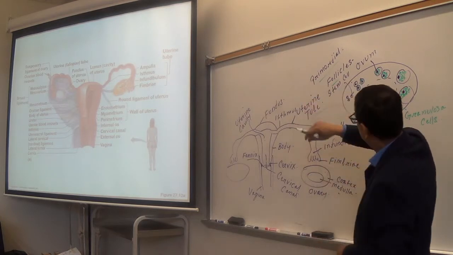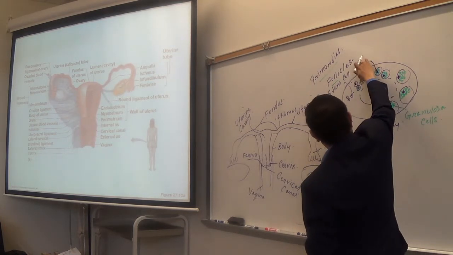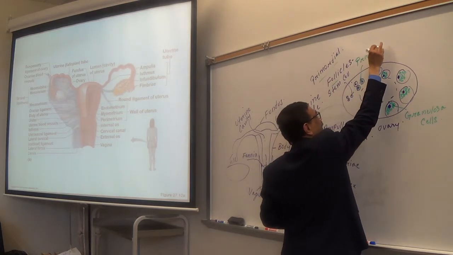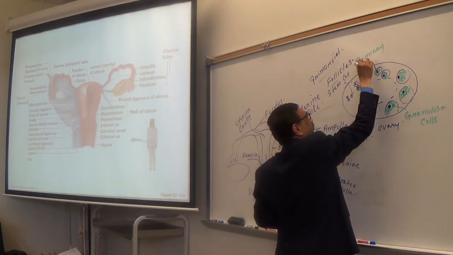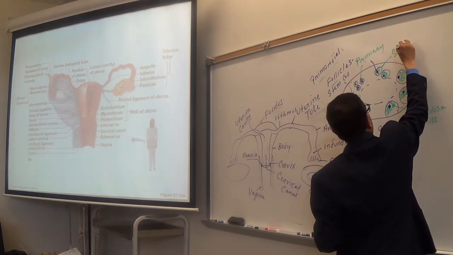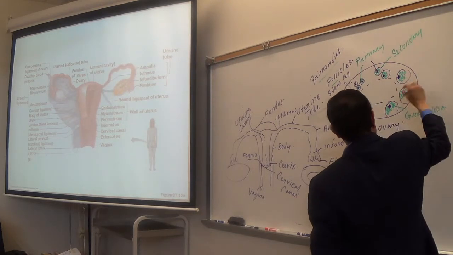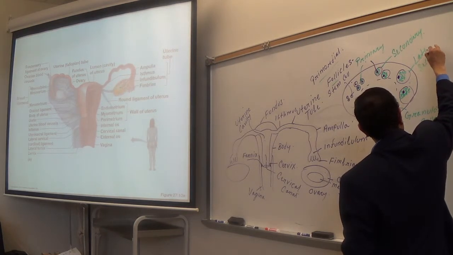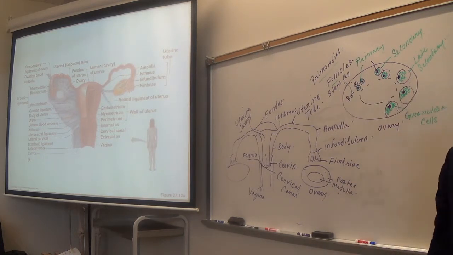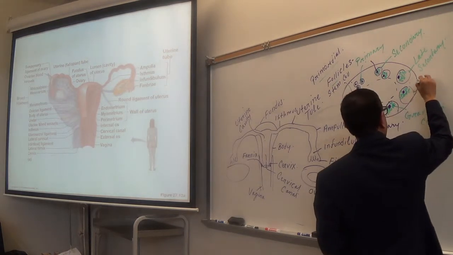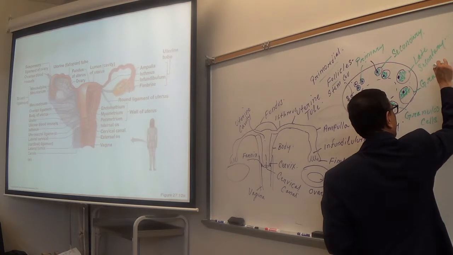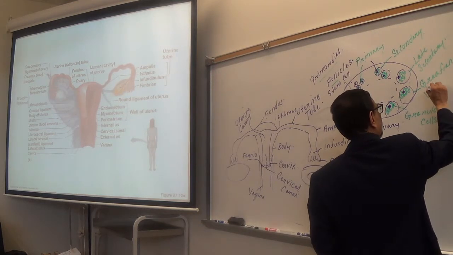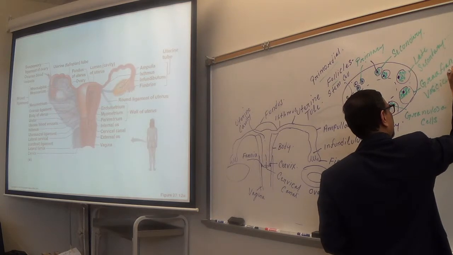And then primordial follicles get matured a little bit and become primary follicles, and then become secondary follicles, then late secondary follicles, and the most mature, the final mature stage is called the Graafian or vesicular follicles.